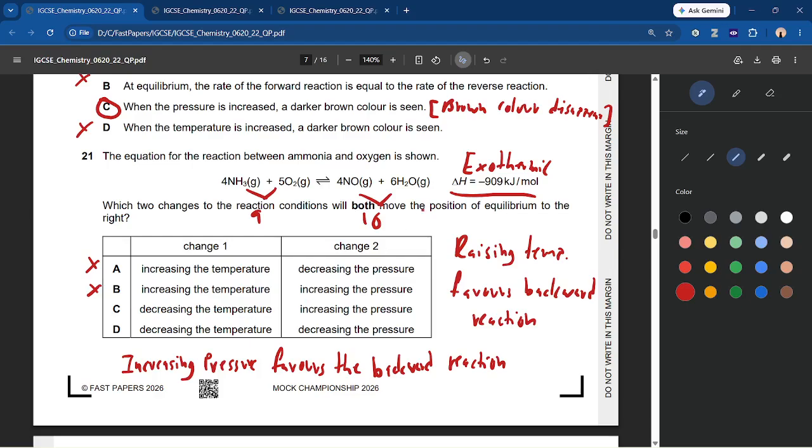So we're looking to move equilibrium to the right. Because of that, you're going to have to decrease the temperature and decrease the pressure. So that's correct.